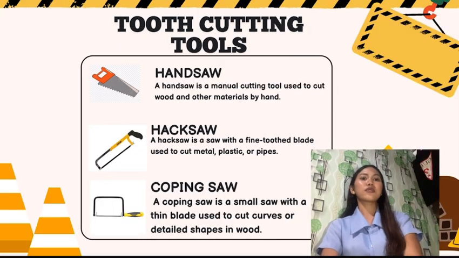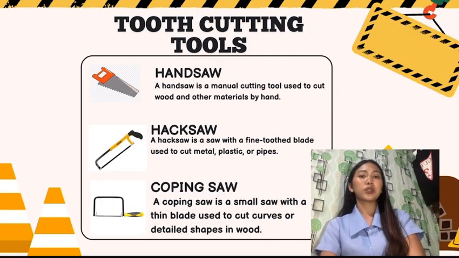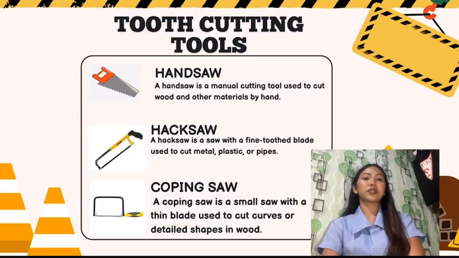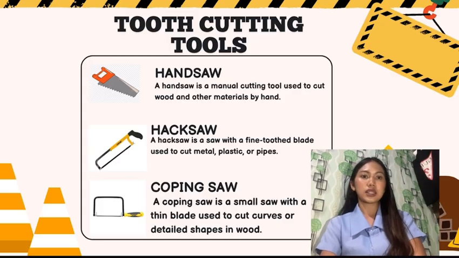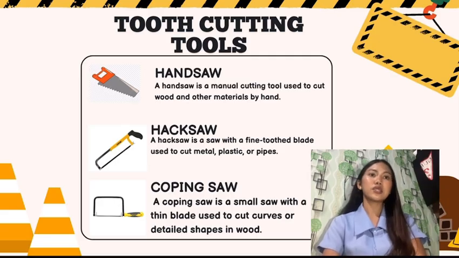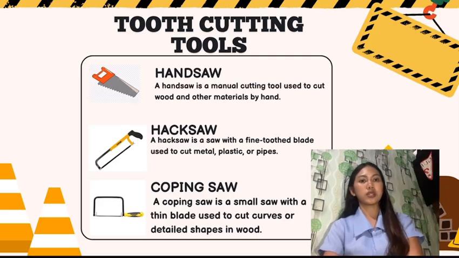The fifth classification of hand tools is tooth cutting tools. Tooth cutting tools are used for cutting materials like wood, metals, and plastic. There are three examples here, which are hand saw, hacksaw, and coping saw.